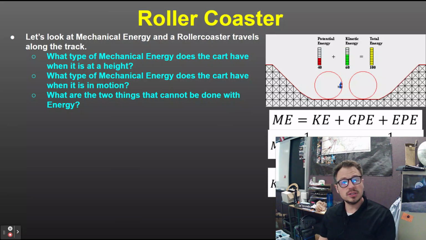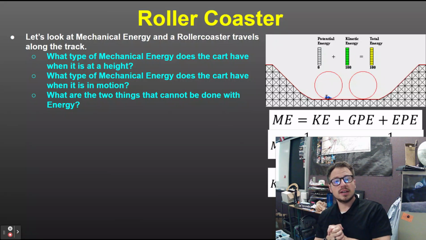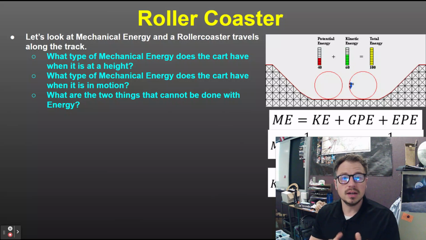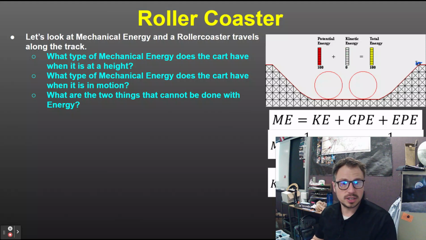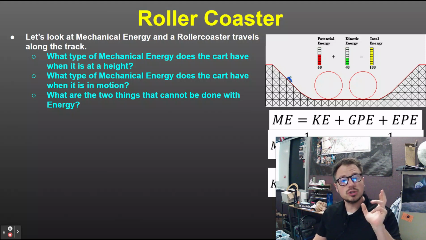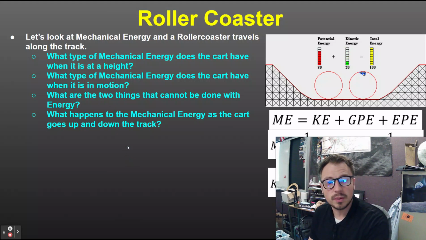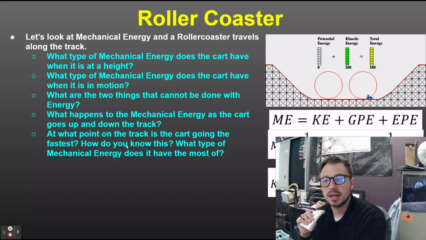As it goes down the track, it's going to have kinetic energy, because it's transforming that mechanical energy from potential energy to kinetic energy. But notice the total mechanical energy does not change, because energy cannot be created or destroyed, right? All it's doing is transforming between different forms of mechanical energy.